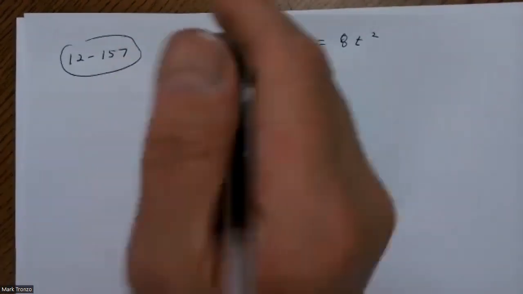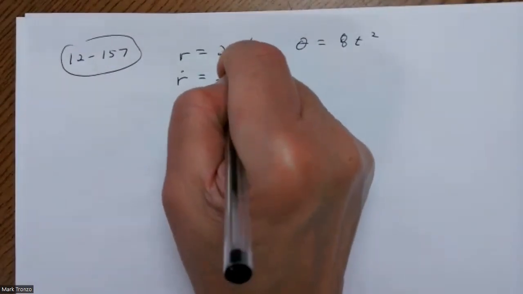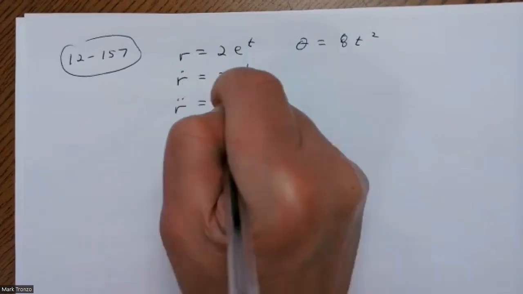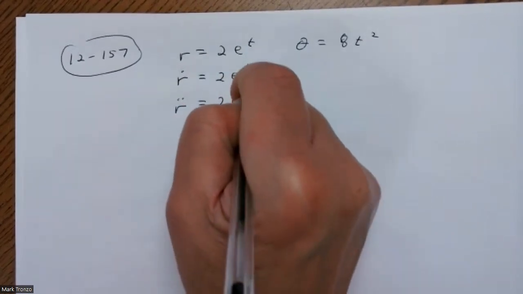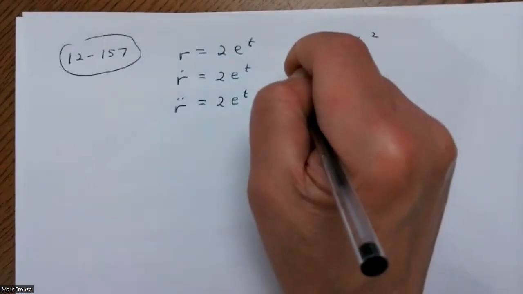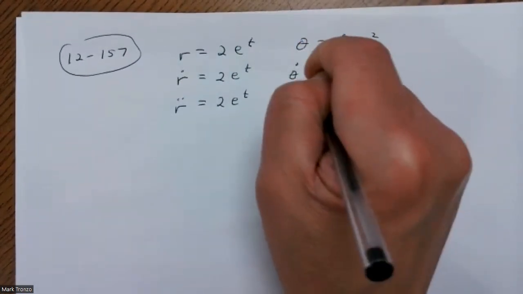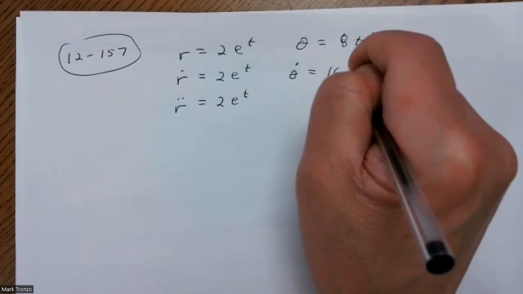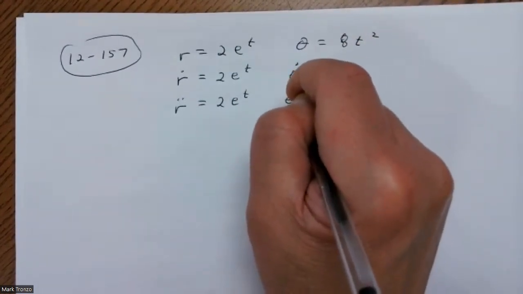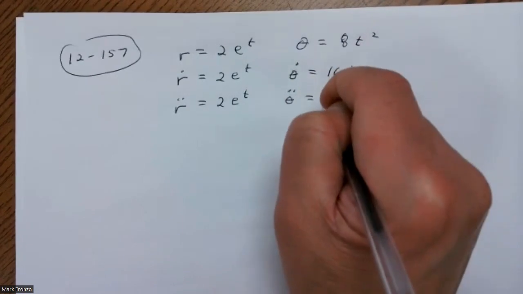We just do the regular derivative. r dot is e to the t, r double dot is e to the t. Theta dot is 16t. Theta double dot is 16.